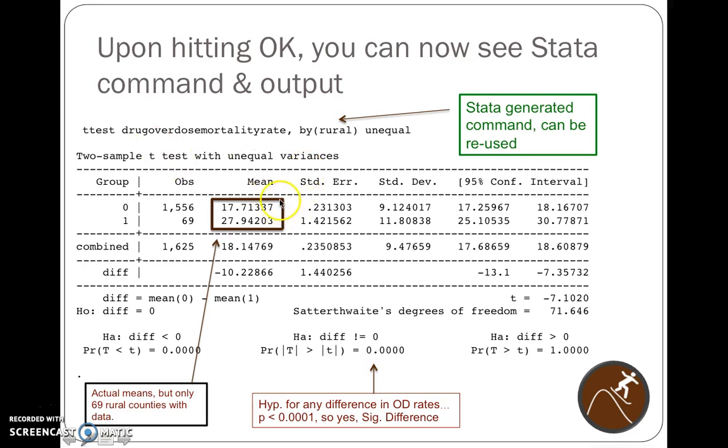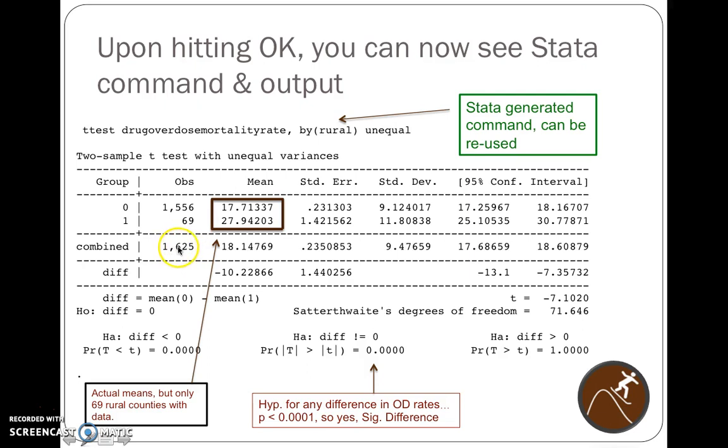So what did we get for our output? So we see for group 0, the non-heavy rural, and pretty much the rest of America, we had 1,556 observations. We only had 69 rural counties in America. There are over 3,000 counties in the United States, so we lost a lot of counties.